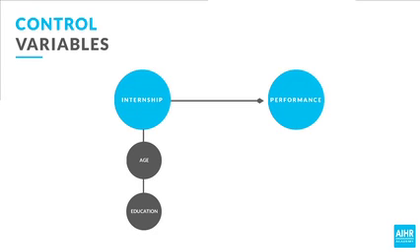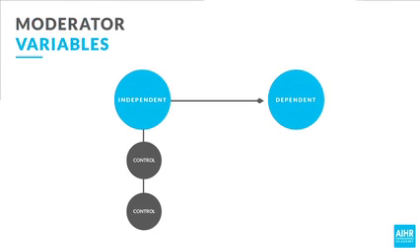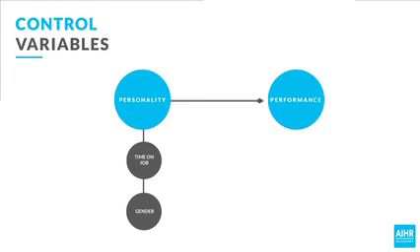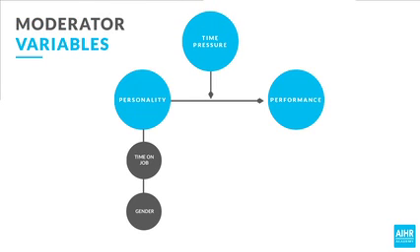Another thing that I want to draw your attention to are moderator variables. Moderators influence the relationship between the independent and the dependent variable. So we know that someone's personality is related to someone's performance. But if that person is under a high level of time pressure compared to someone who's under a low level of time pressure, does that change the relationship between someone's personality and someone's performance?